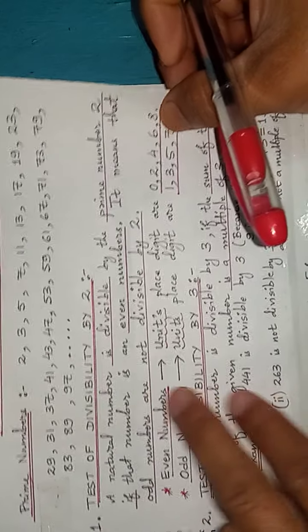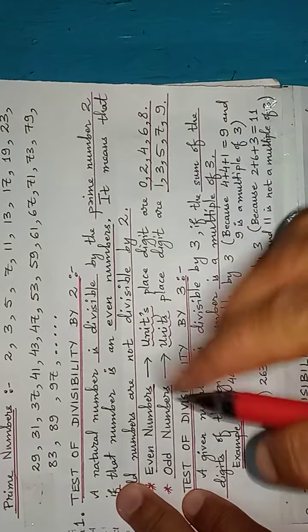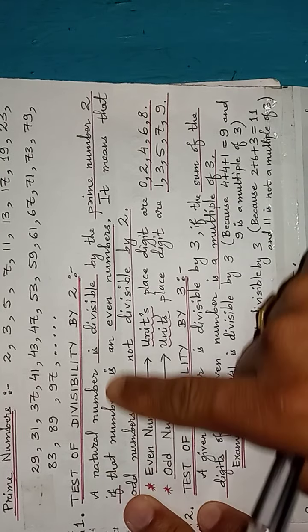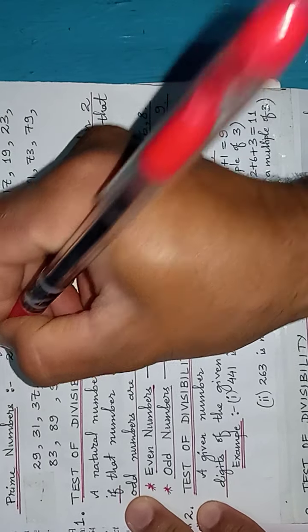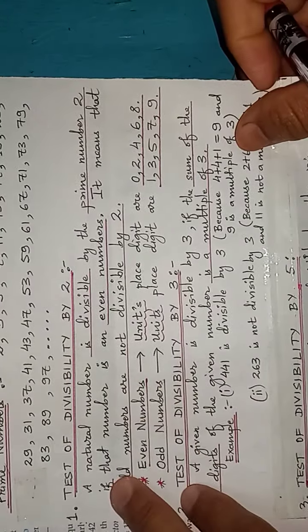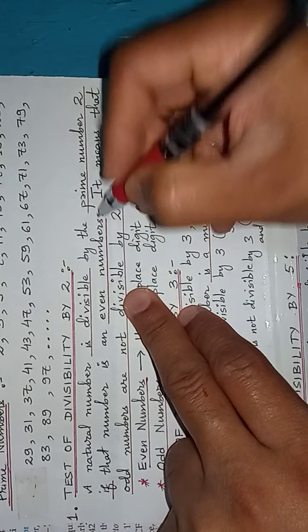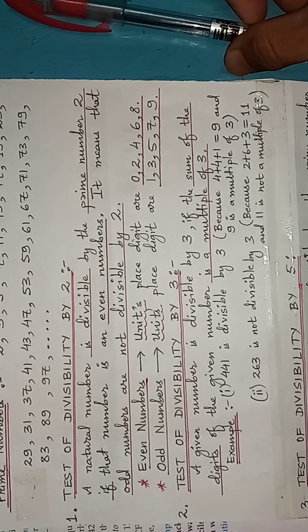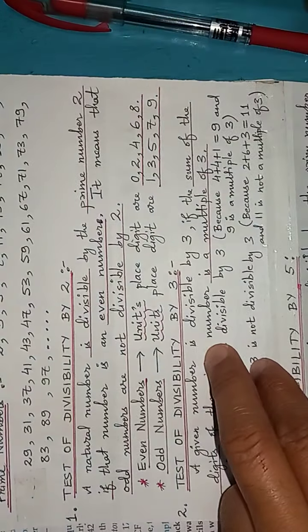Look, see how to divide a number by 2. A natural number is divisible by the prime number 2 if that number is an even number.